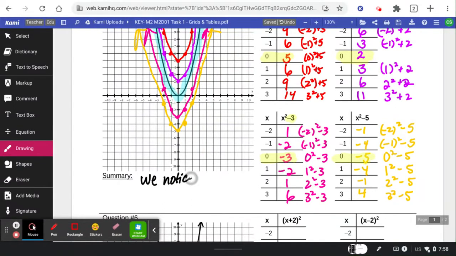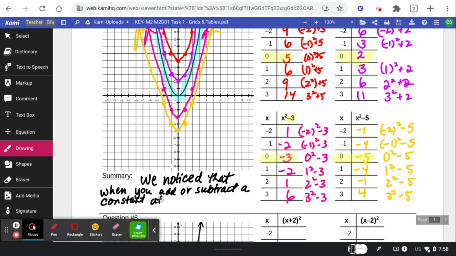We notice that when you add or subtract a constant at the end, it moves the graph up and down.